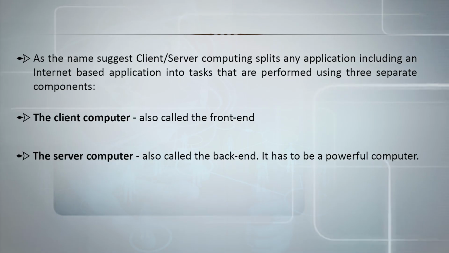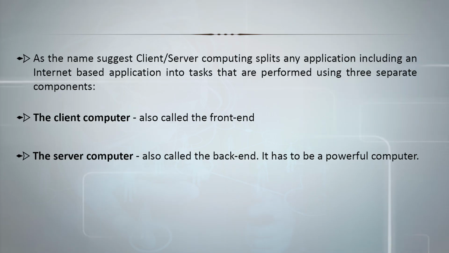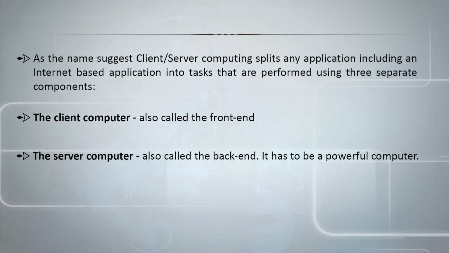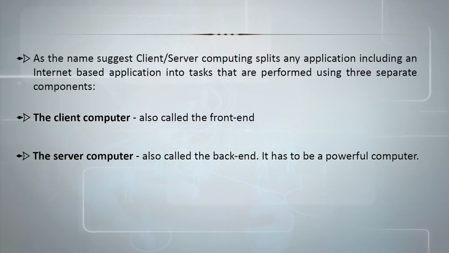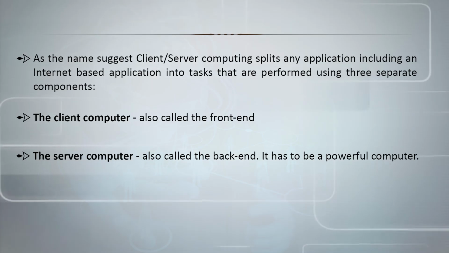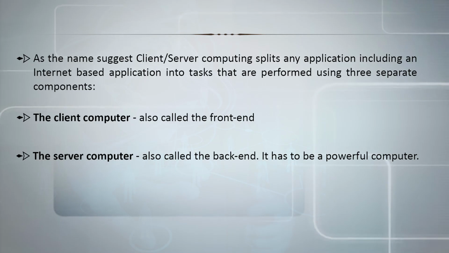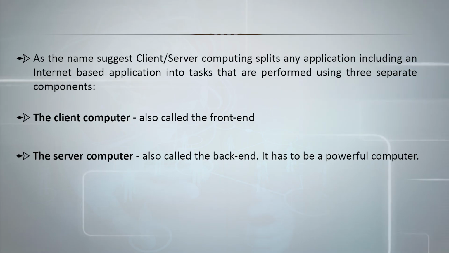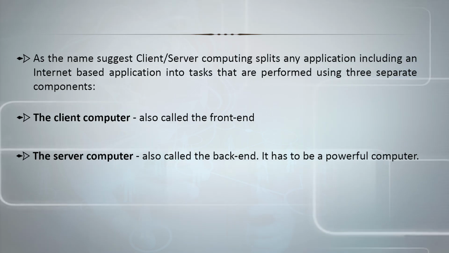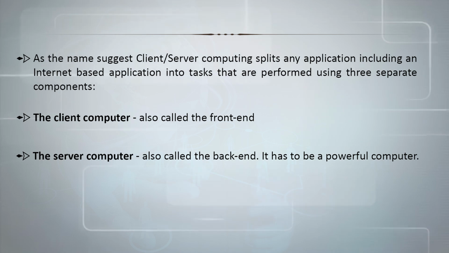The server computer is the second, which is also called the back end. And the back end is normally not visible to you. Whenever you sit before the browser and enter a URL, that is the front end, and you get the information loaded there. From where you are getting that information, you do not know. Of course, you know the address, but at the same time you are not able to see that machine.